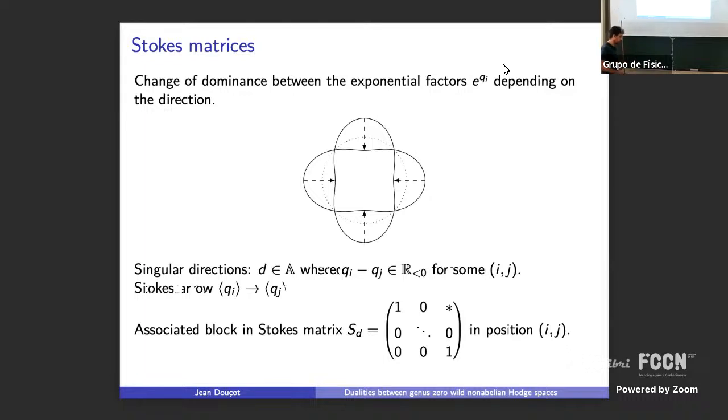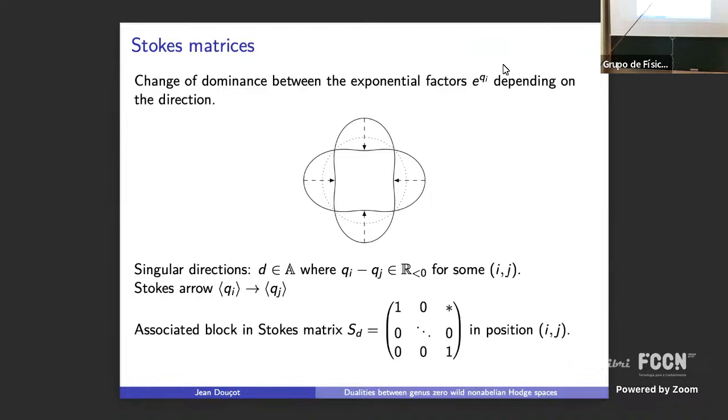As Andreas explained, there is this construction you can do with adding some punctures defining this extra surface, and you will add exactly one puncture for each singular direction. But the upshot of all that is that you will be able to define a Stokes matrix associated to every arrow between Qi and Qj associated to such a Stokes direction.